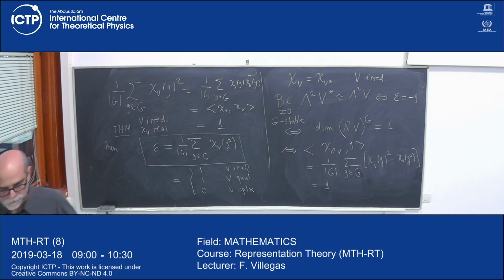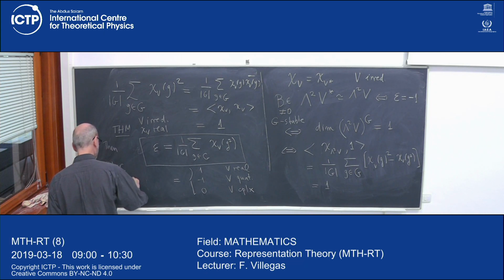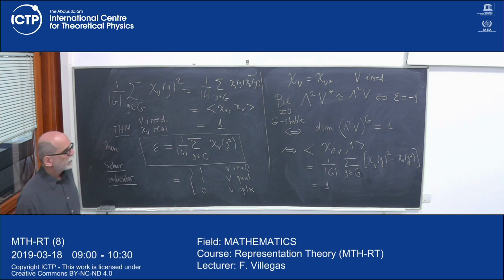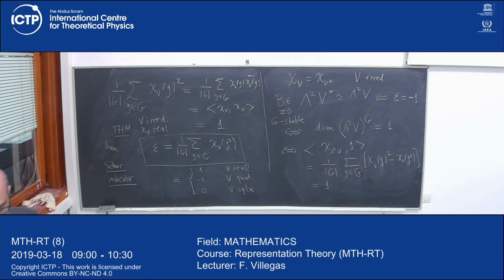So this sum completely separates all three cases. This sum here is called the Schur indicator. So we've done what we wanted. We have a reasonably straightforward way to compute whether an irreducible representation is real, quaternionic, or complex.